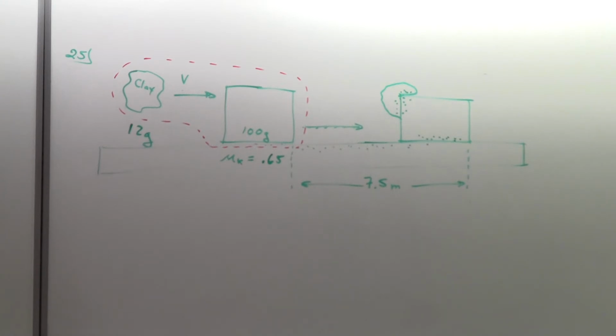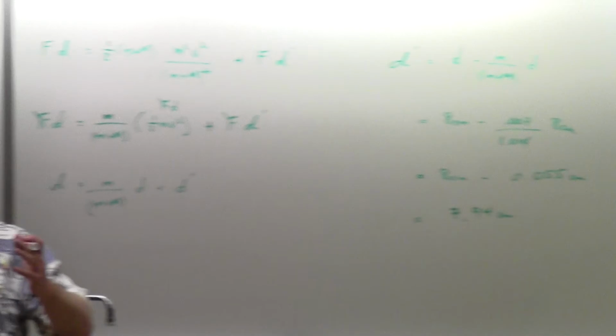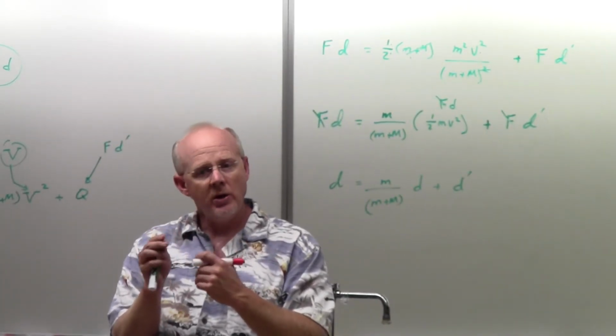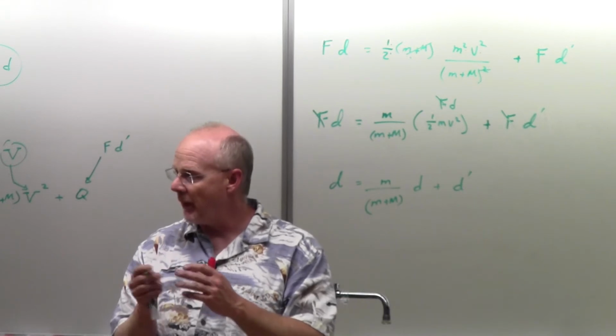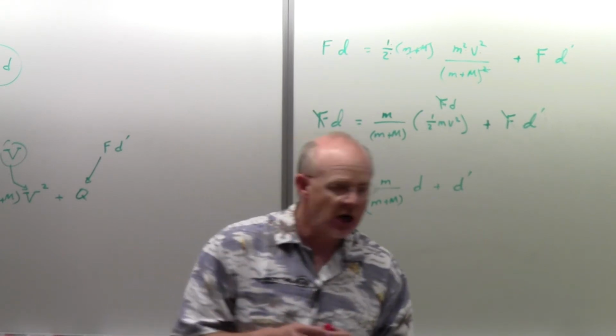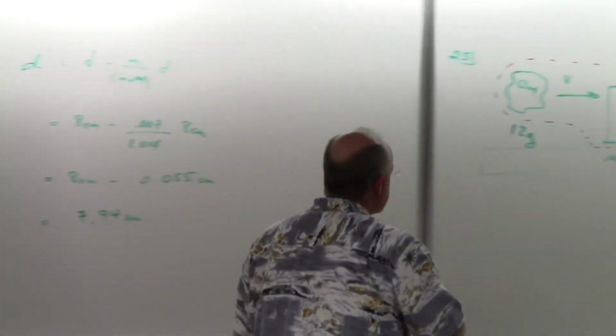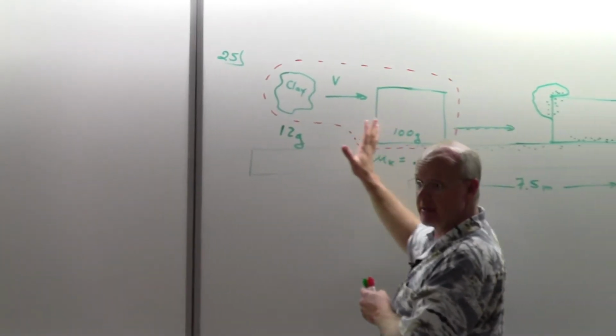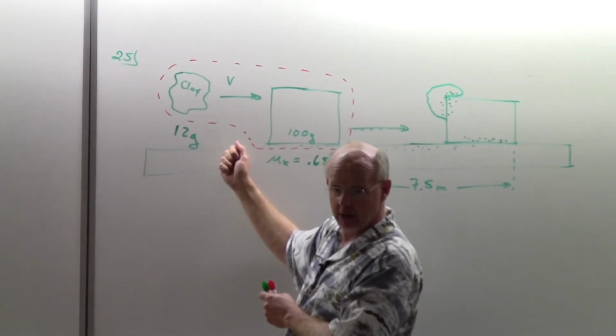What about the instant of the impact? In other words, right after, before there starts to be all this friction. What I'm going to say there is, we could apply conservation of momentum at that point. The momentum right after impact is the same momentum as before impact.